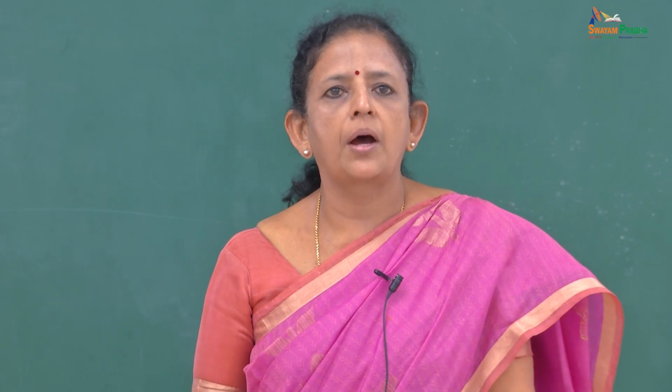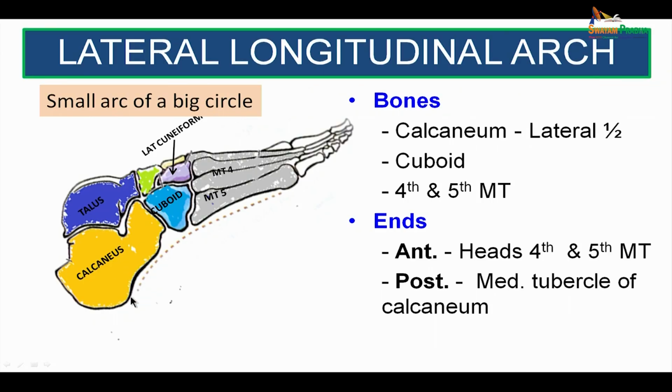The bones forming the arch are the calcaneus, cuboid, and the lateral two metatarsals, that is the fourth and the fifth metatarsal bones. The anterior end is formed by the heads of these two metatarsals, whereas the posterior end is formed by the medial tubercle of the calcaneus.